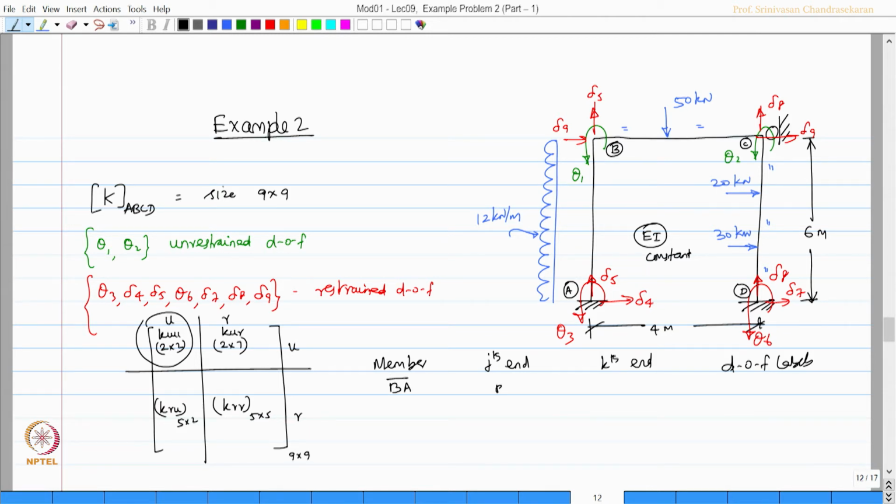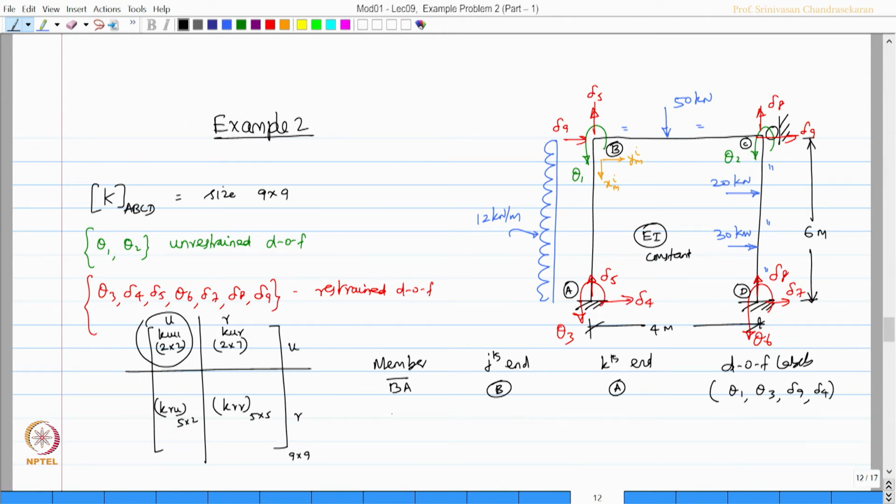So, jth end is at B, kth end is at A. So, this becomes my orientation. So, this is my XMI, this is my YMI for this member. So, degrees of freedom labels could be theta 1, theta 3, delta 9 and delta 4.